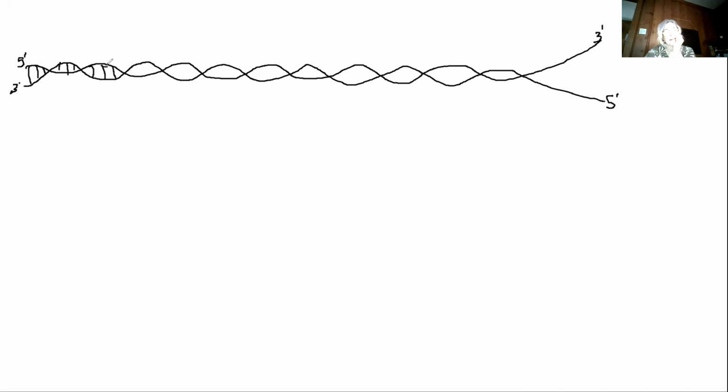Like if there was an A right here, the complement to that would be a T over here. G, C, whatever they are, right? So I'm just going to draw a few more of those.